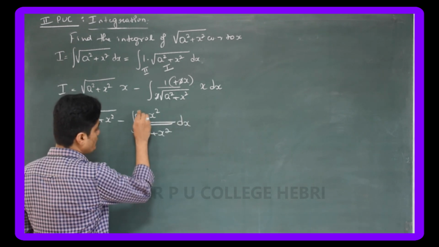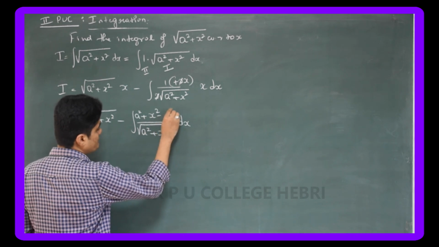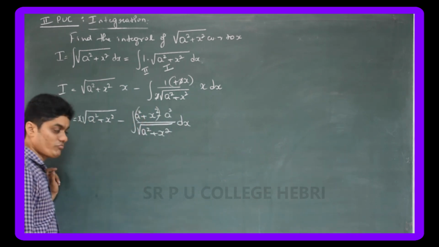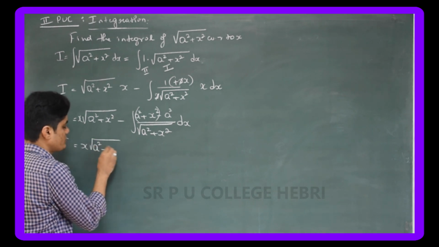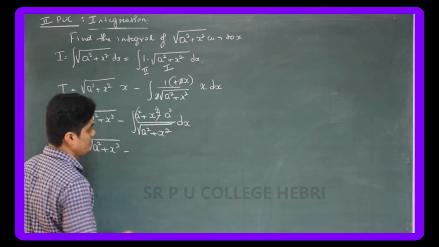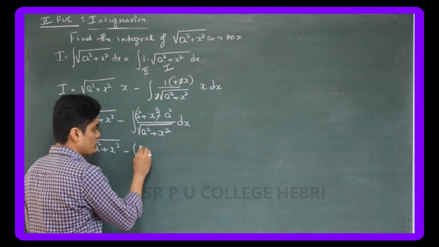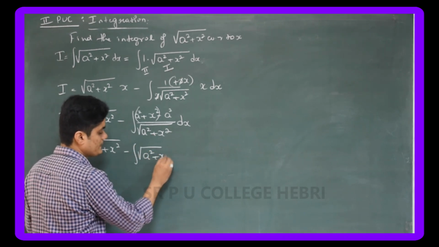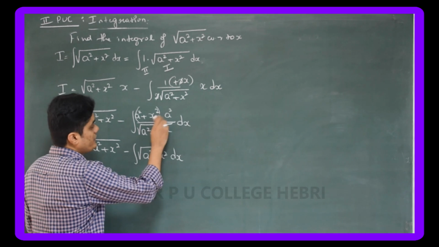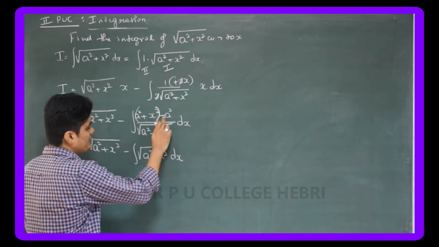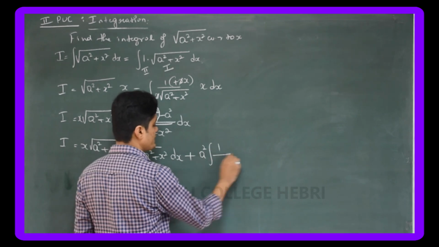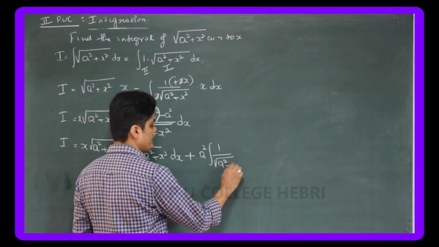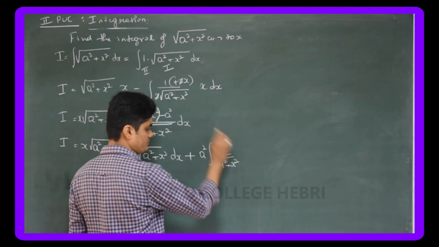Again what should we do? Add a square and subtract a square. So this is nothing but x into root of a square plus x square minus the integral of x square plus a square minus a square by root of a square plus x square.